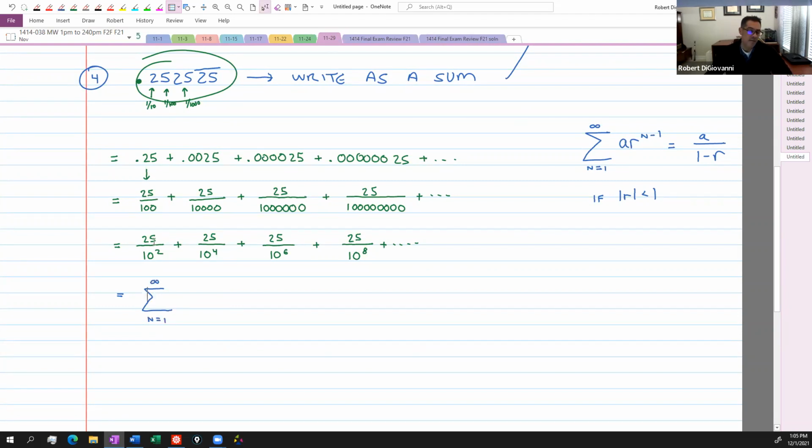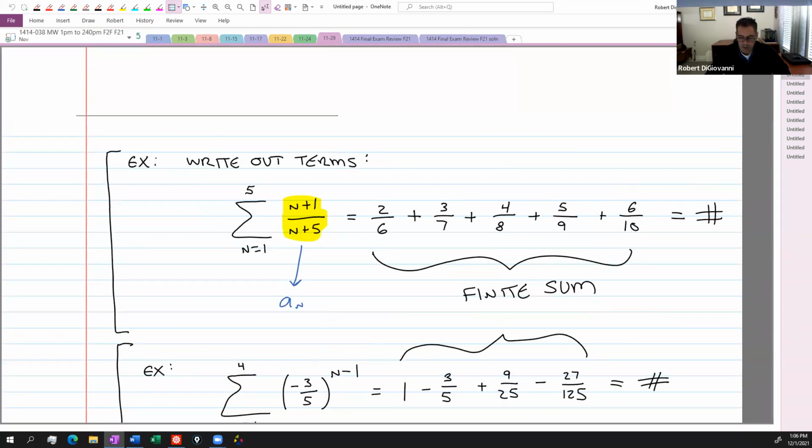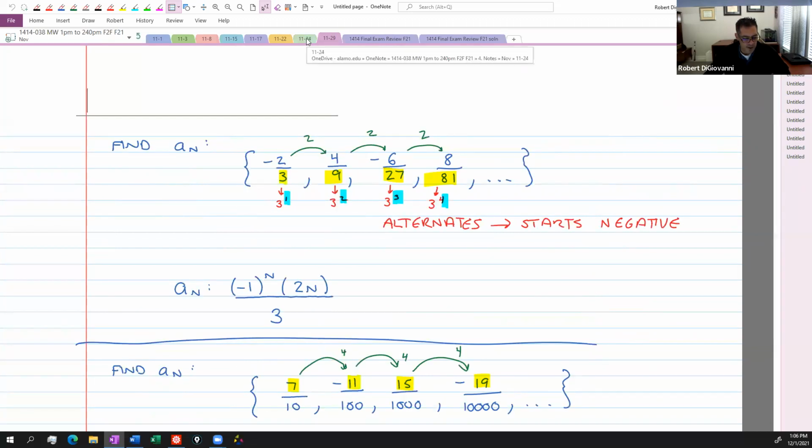Now notice that all the numerators are always the same, right? We always have 25, 25, 25, 25. So I have a 25 in all of these. That means my formula should have a 25 in it. And then can somebody tell me what the denominator needs to be? They're all powers of 10, but raised to even numbers. So how do I create the list of even numbers? Got to go back to class from before Thanksgiving, I think.